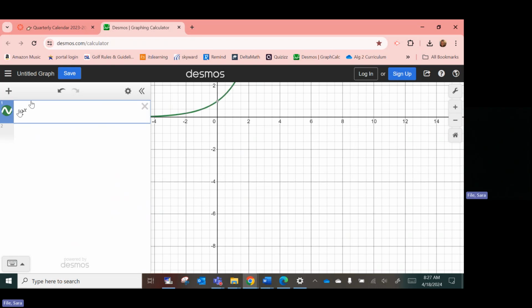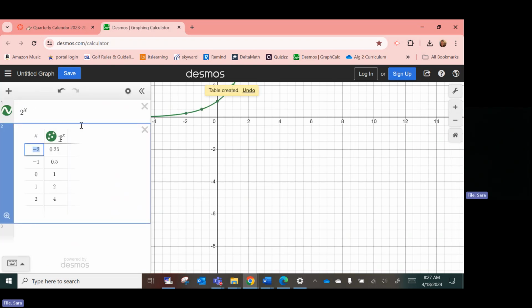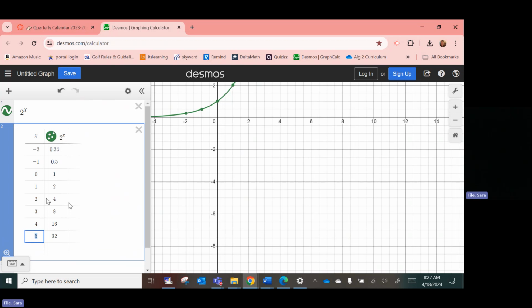So you can make a 2 to the x, you can make a little table with it, and you can see, okay, 2 squared would be 4, cubed 8, 16. So there it is. I can do 2 cubed for the 8, and I can do 2 to the 5th in place of the 32, because 8 and 32 both popped up there.